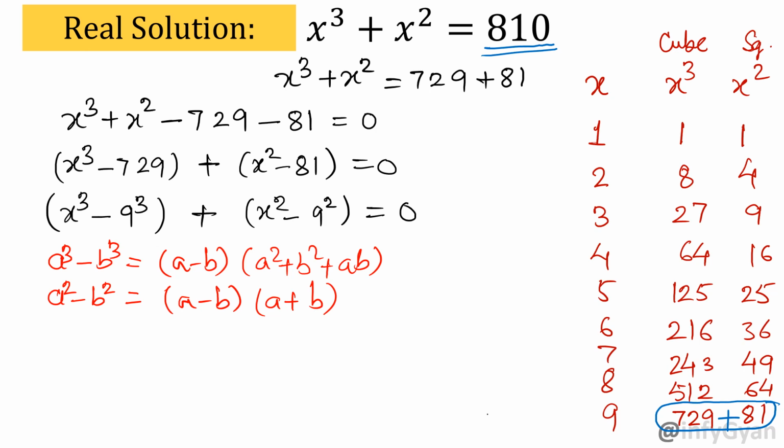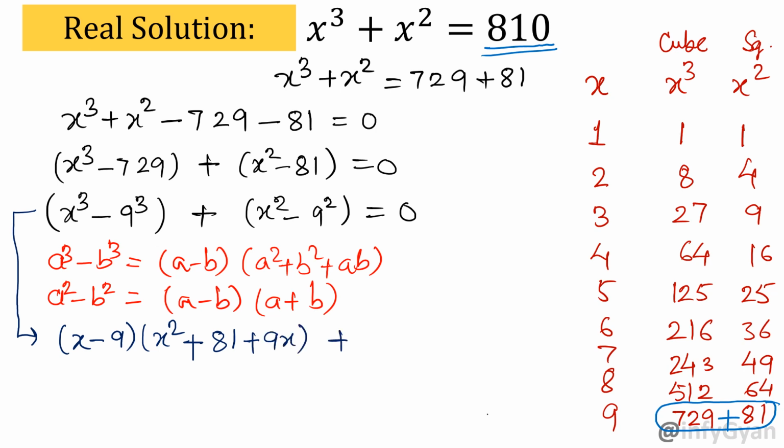Let's apply. So I will write a minus b, so x minus 9, second bracket, a square plus b square plus ab. Okay, a square plus b square will be 81 plus ab means 9x.